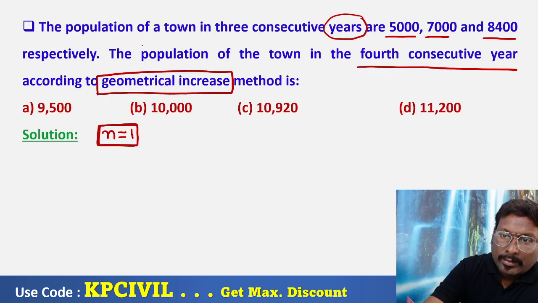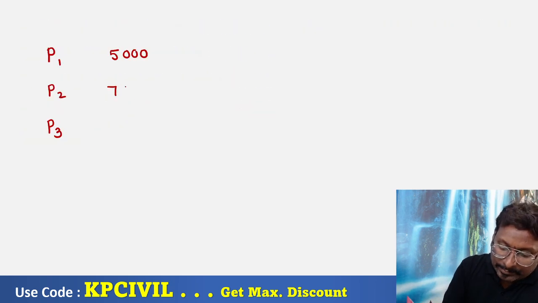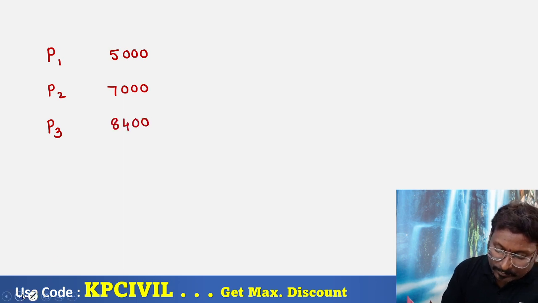P1, P2, P3: 5,000, 7,000, 8,400. So now calculate x values.